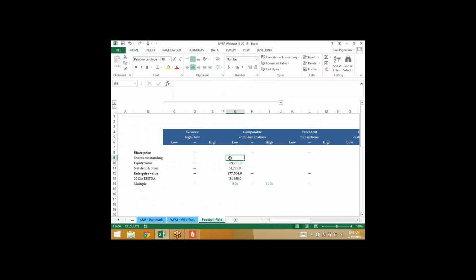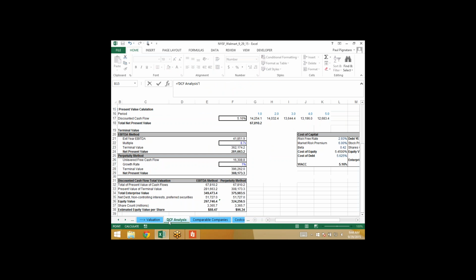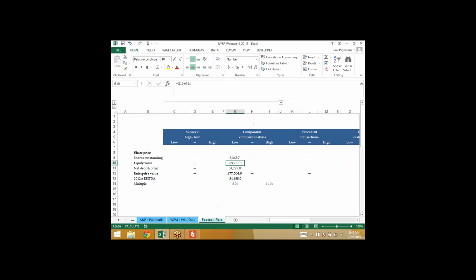So we'll pull in the latest reported shares outstanding and divide to get the share price. So we can go to our DCF analysis now that I remember that everything's in there. Get the share count that we had used to analyze the share price there, and divide it to get the share price, $97.82.